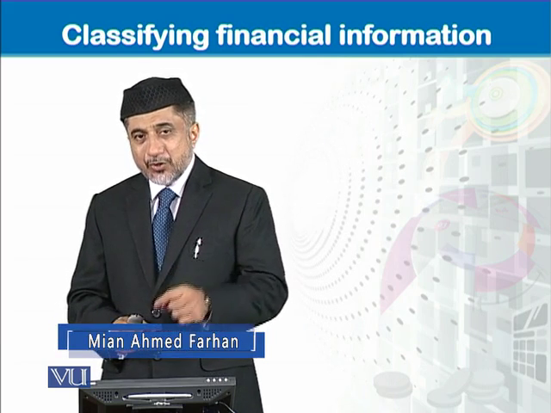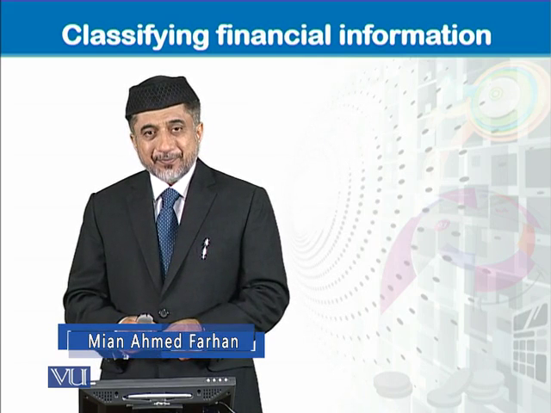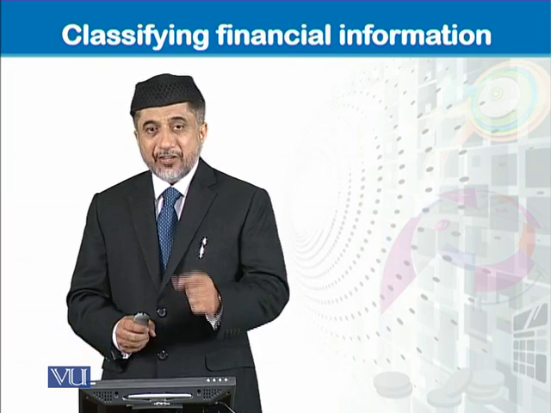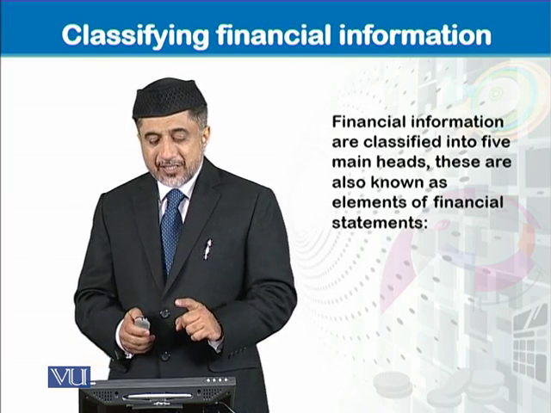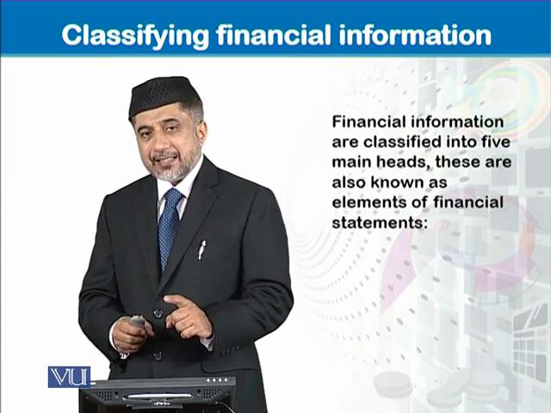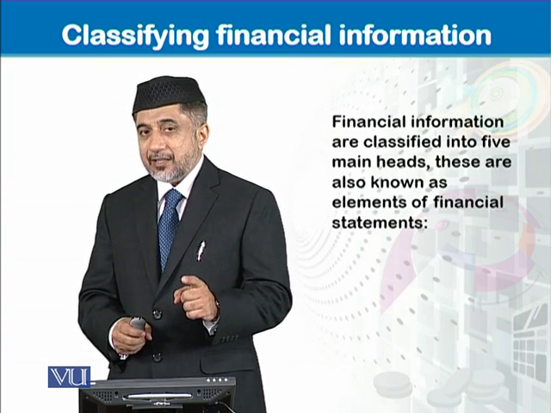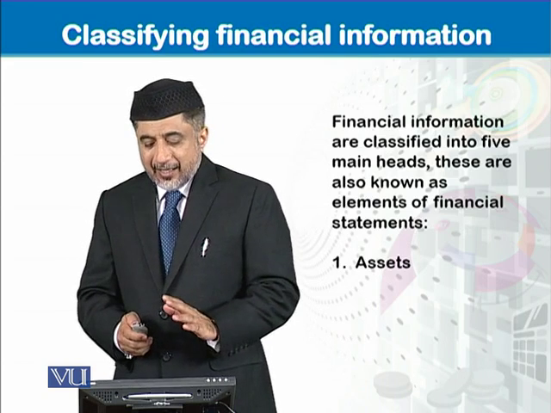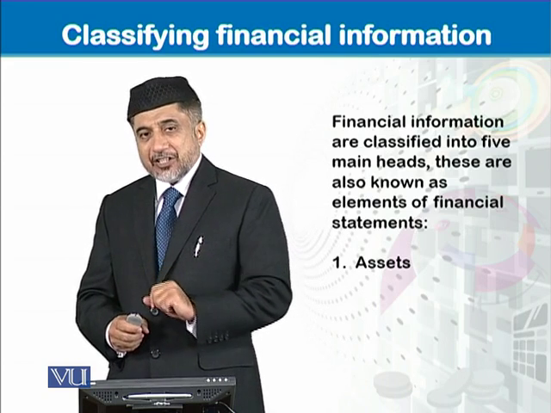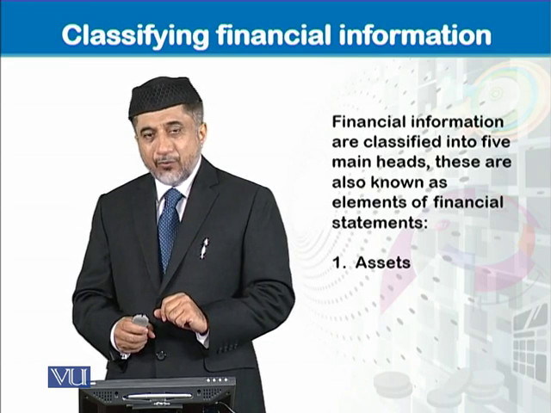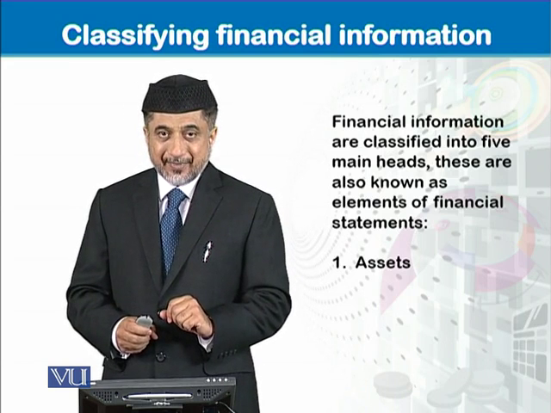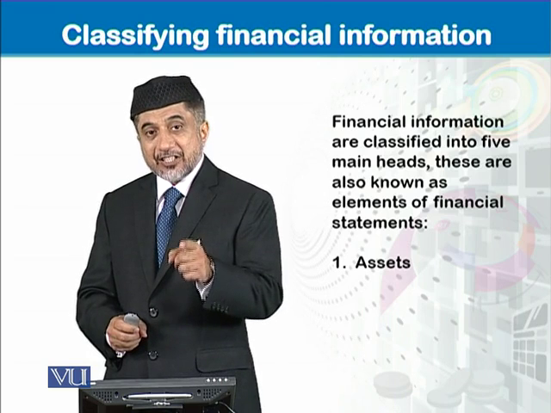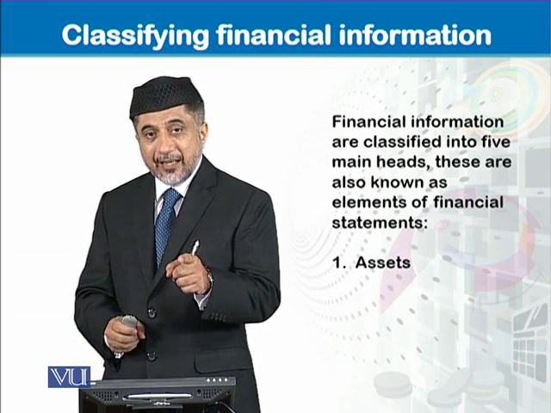So in this module, we are learning what the classification of financial information is, which is in fact also known as elements of financial statements. So there are 5 classifications of financial information. Again, I'm repeating, these are the elements of financial statements as well.